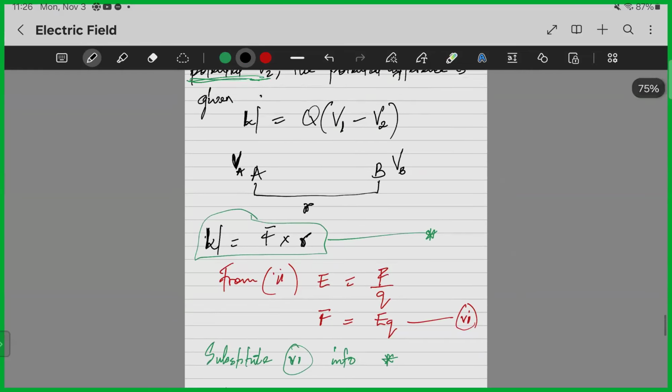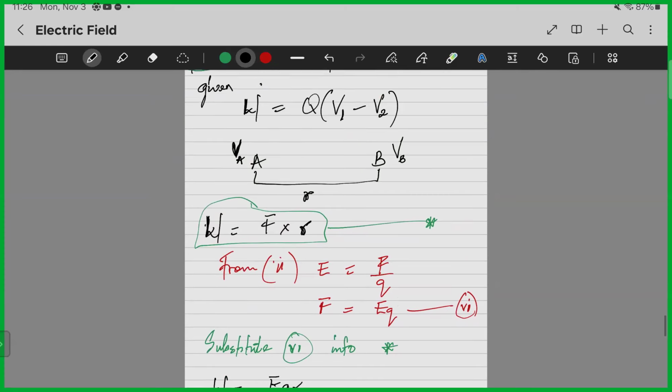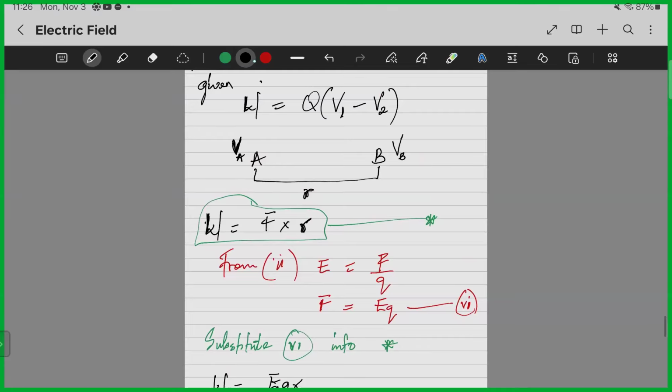I should have also established the formula we just defined for potential difference as work done in moving a charge between 2 points.